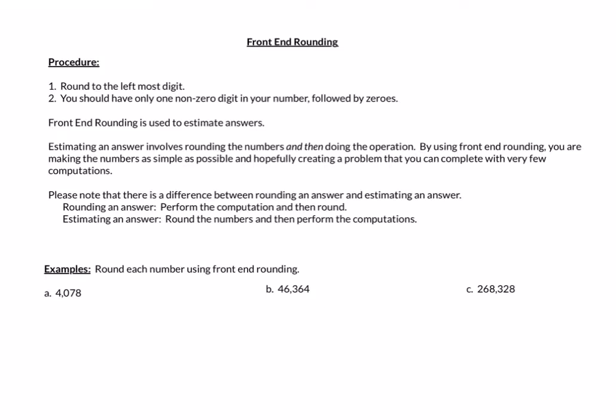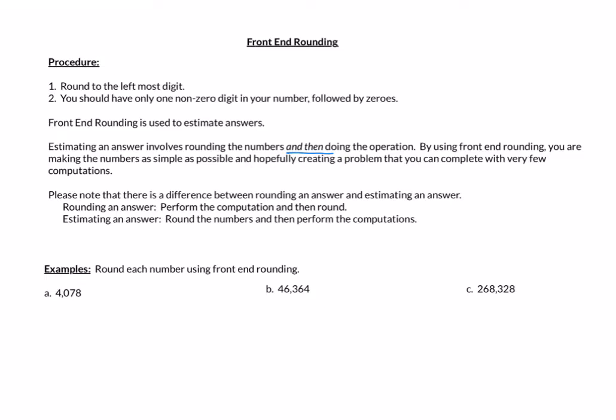Now, front-end rounding is actually something that we're going to apply to other problems. We use it to estimate answers. Estimating an answer involves rounding the numbers and then doing the operation.